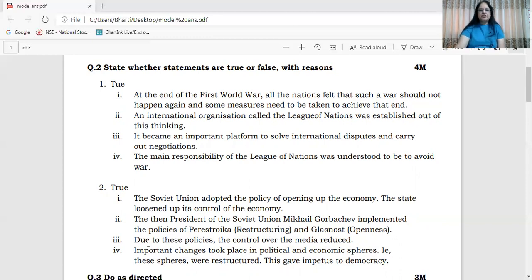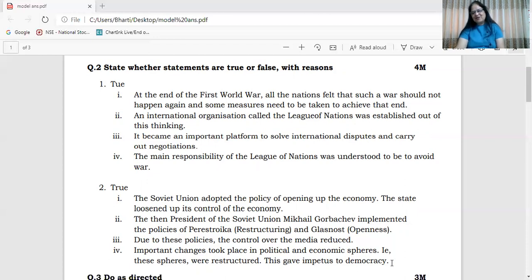Third, due to these policies, the control over the media reduced. Fourth, important changes took place in political and economic sphere. These spheres were restructured. This gave impetus to democracy. All 4 points are required here.